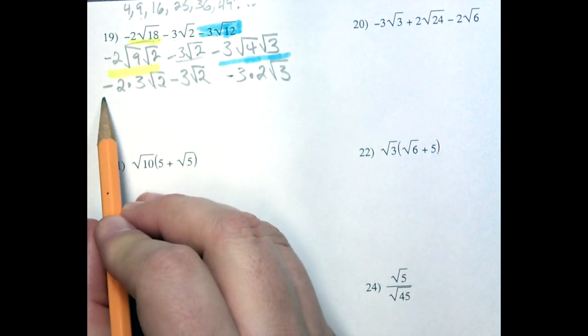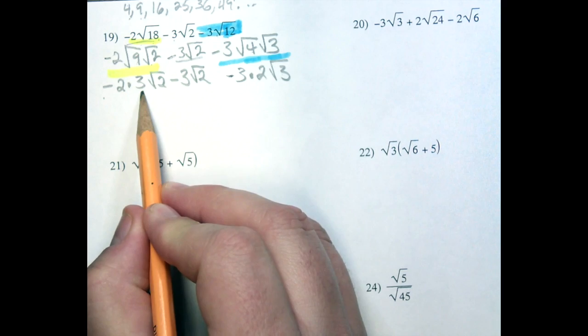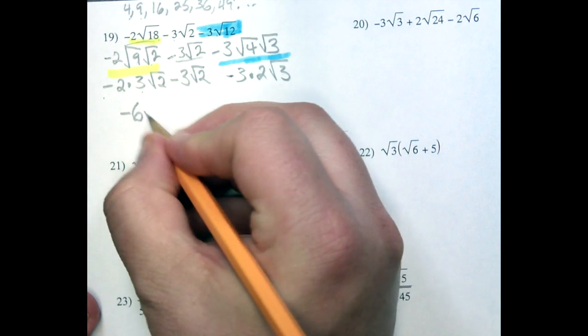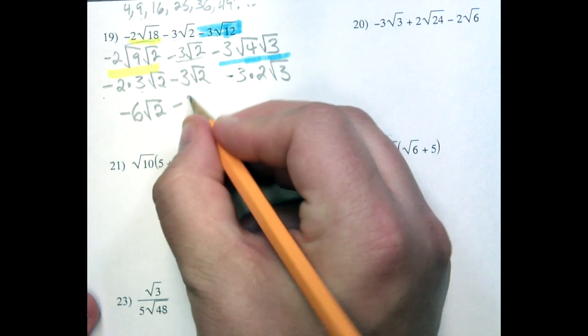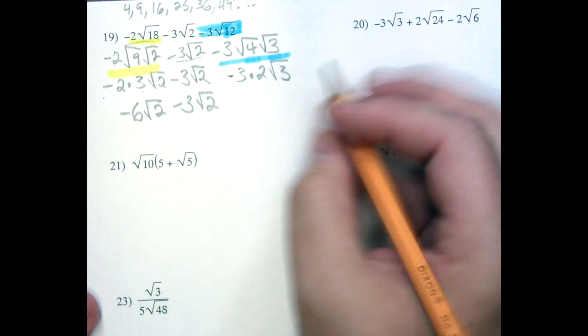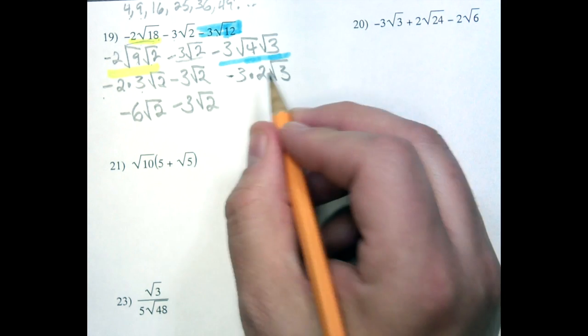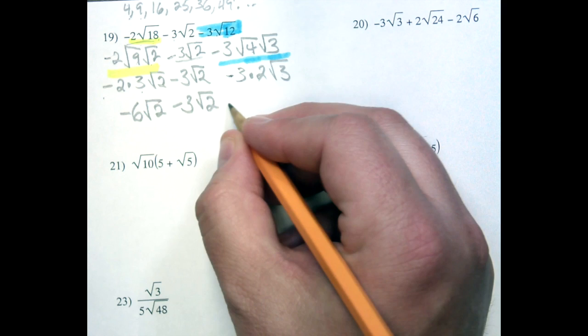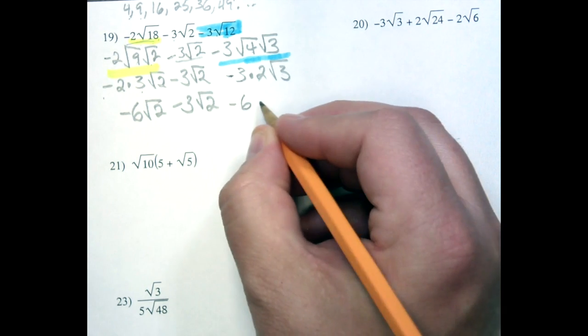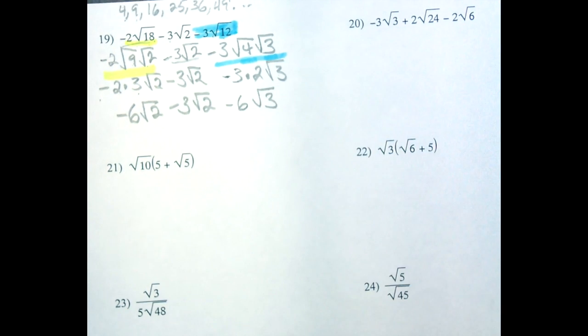Now what's negative 2 times 3? So I've got negative 6 square root of 2 minus 3 square root of 2. And then what's negative 3 times 2? Negative 6. Negative 6 square root of 3.